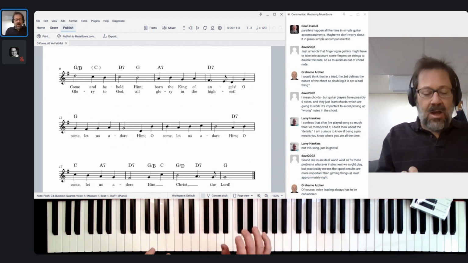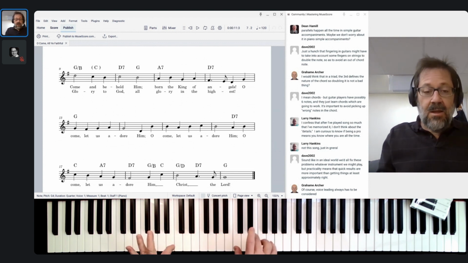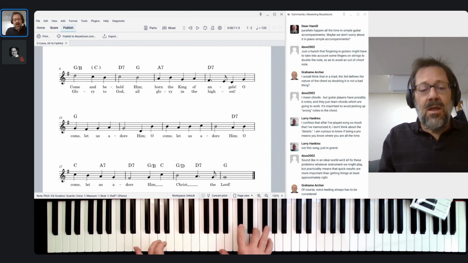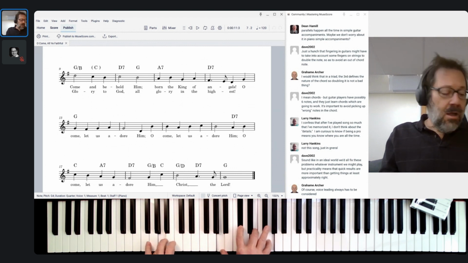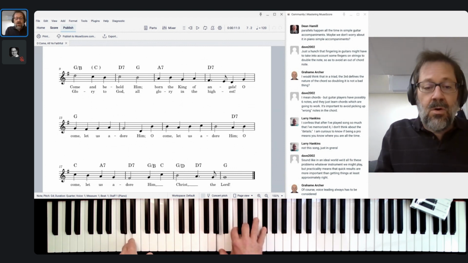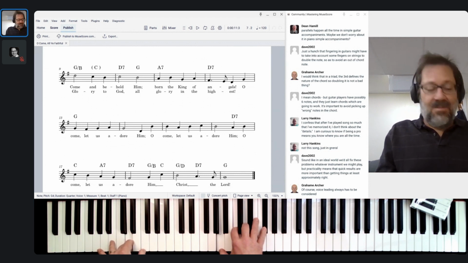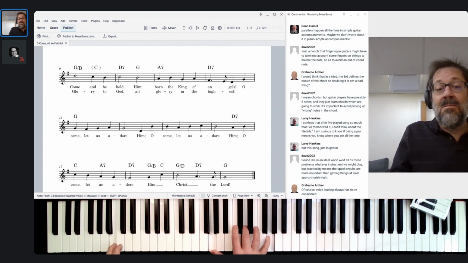Get ready for come, C chord, get that thumb on or below middle C. Come. Now let's get ready for that A7. We've played it before. Let us. Get ready for that D7. Adore. The G chord with the B in the bass. Can I use the same trick I used a minute ago? Yeah, I can. Him.